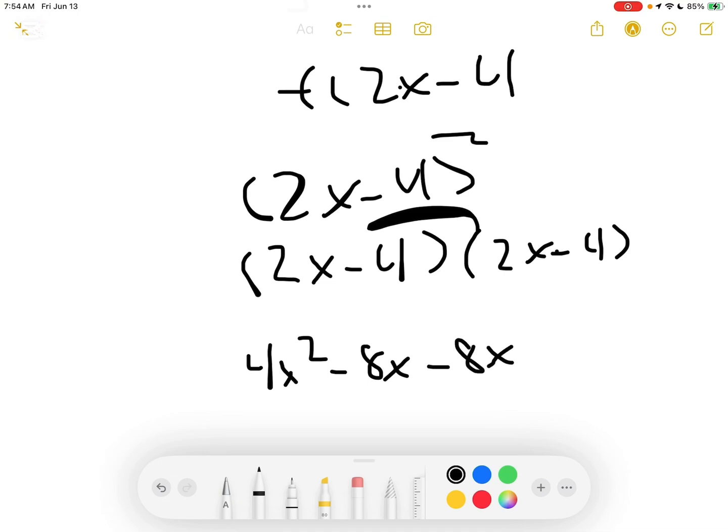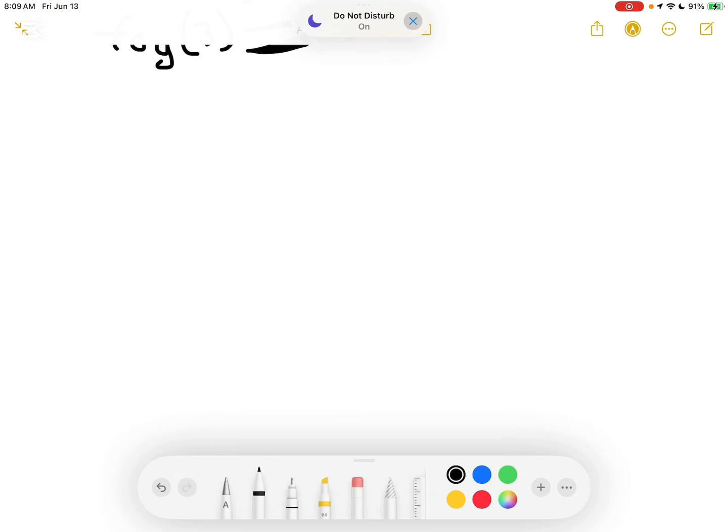And negative 4 times negative 4 is positive 16. After we add together like terms, we get 4x squared minus 16x plus 16.